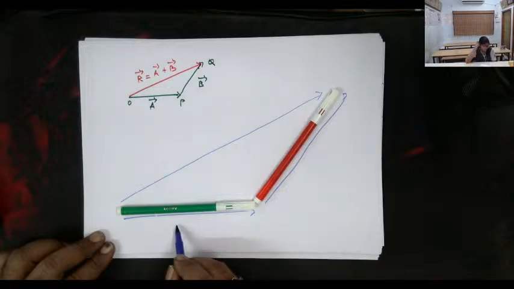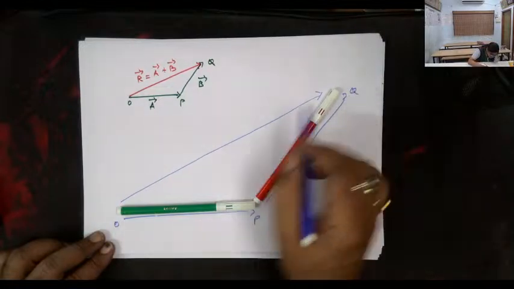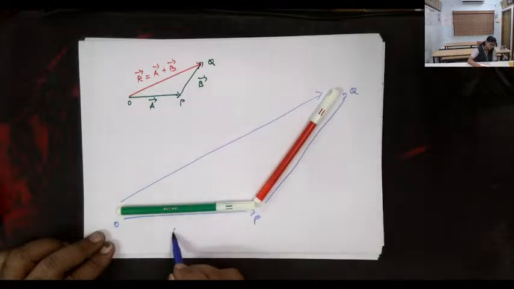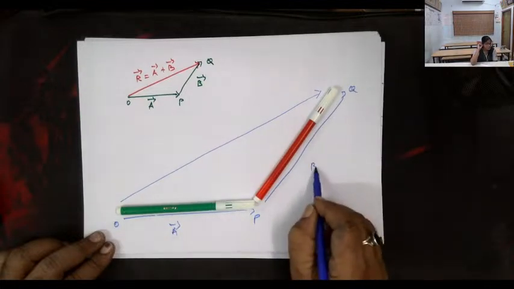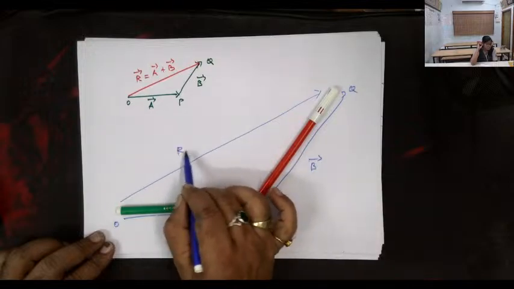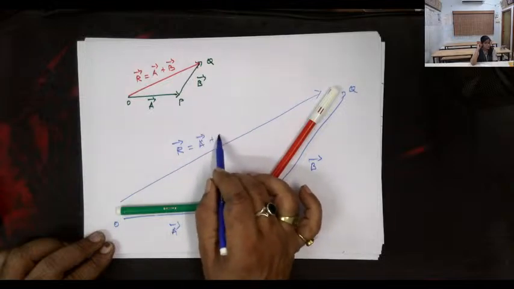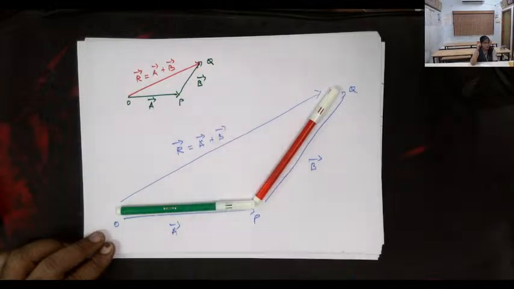So in fact, this is O, this is P, this is Q, and this is A vector, this is B vector, and therefore this is the resultant vector, vector A plus vector B. Do you understand this?